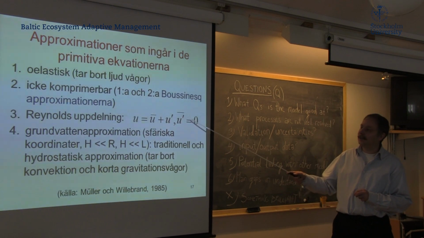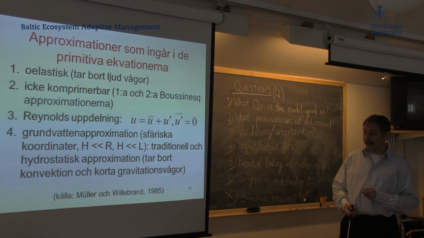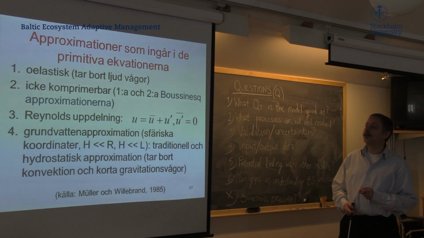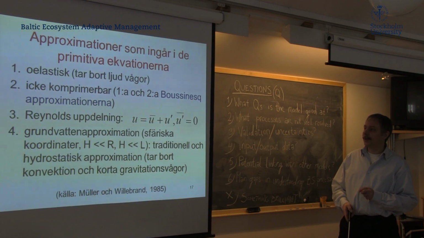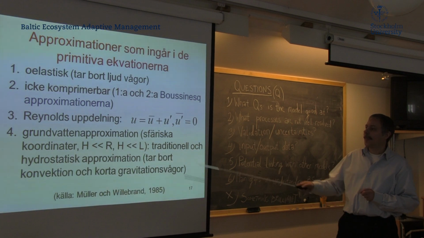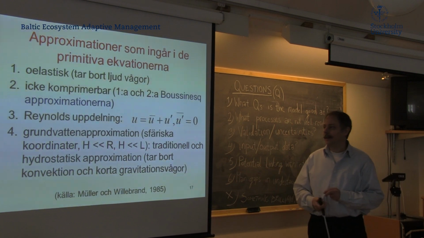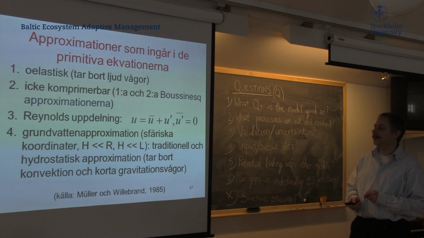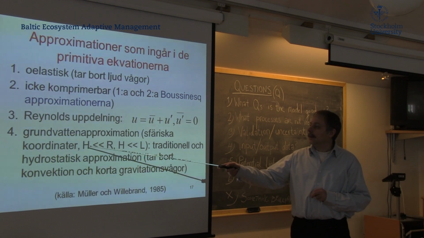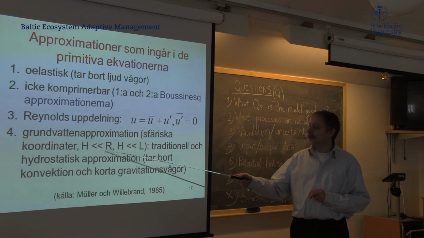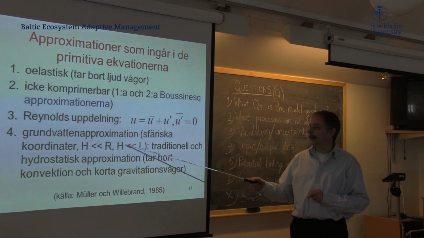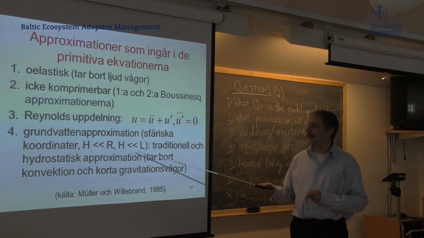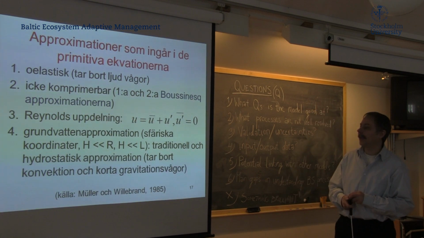And if we do this, it's actually important to build in a closure for the processes that are not included. And finally, the shallow water approximation, and that means that the depth of the ocean is smaller than the radius, and that the depth is also smaller than the horizontal scales.